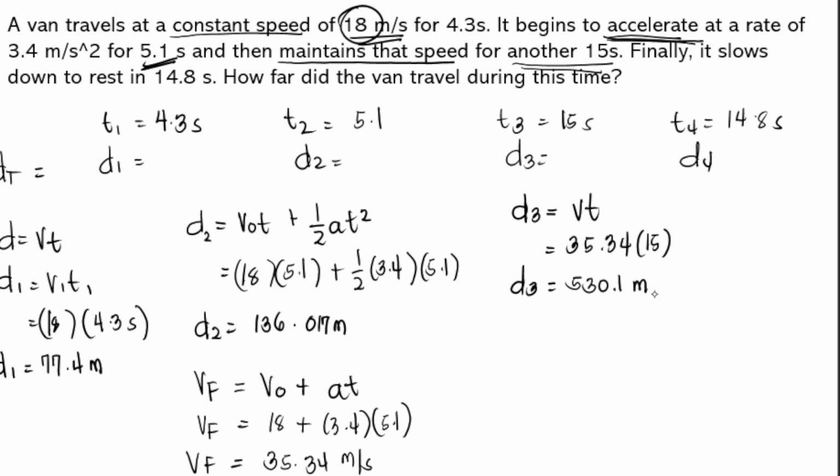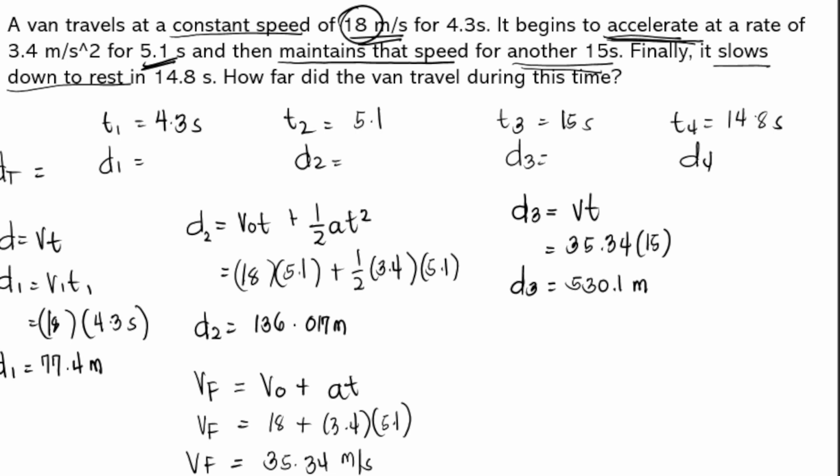meters. Okay, so now we're at our last statement, and finally it slows down to rest in 14.8 seconds after 15 seconds. So, sabi dito, it slows down to rest, meaning nagbago ulit yung velocity, nagkaroon ng constant acceleration, pero ang final speed mo would be equal to 0.